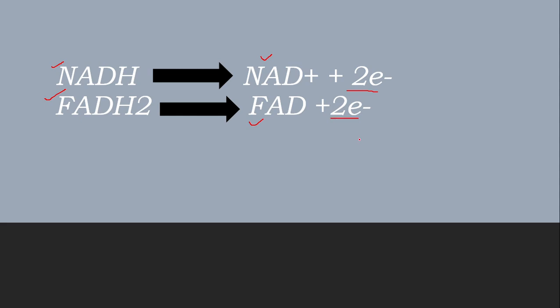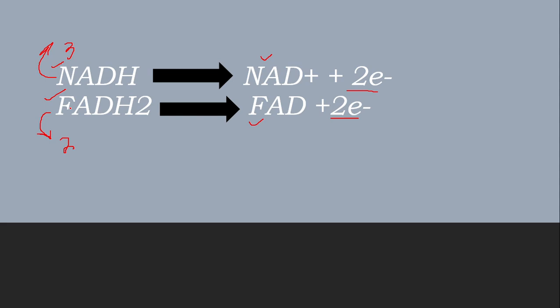First of all, you have to know that NADH will produce 3 molecules of ATP indirectly, and the electrons of FADH2, after passing through the electron transport chain, will produce 2 molecules of ATP. But why is NADH producing 3 molecules and FADH2 producing 2 molecules?